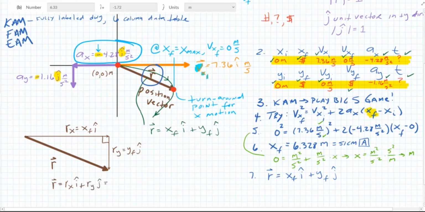And then to go even a step further, Rx is the same as xf times I hat plus Ry times J hat. So from a vector point of view, if you need to follow vector rules, you adhere to a very specific criteria.